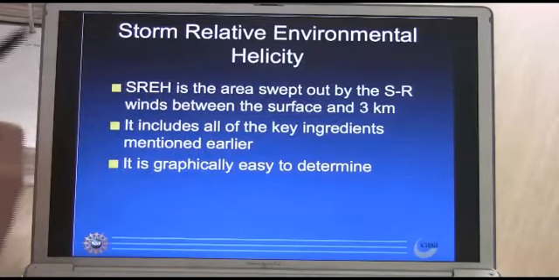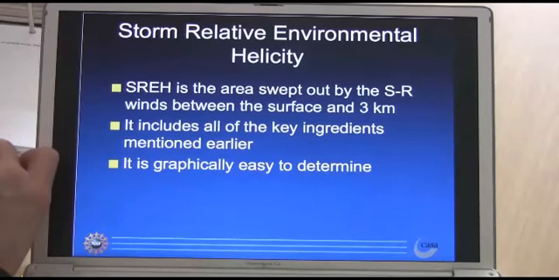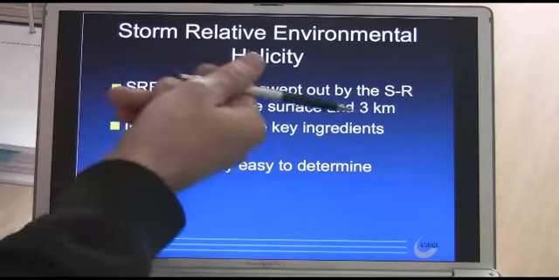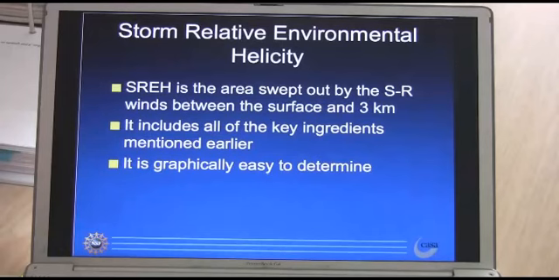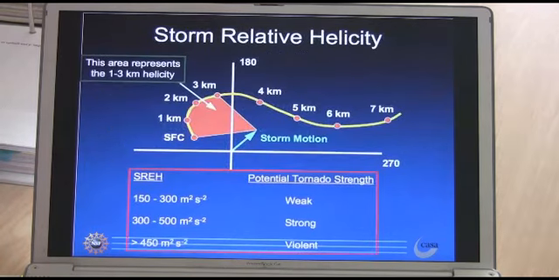Okay? It includes all the ingredients that I mentioned earlier. The alignment of the storm relative winds, okay? The strength of the storm relative winds being roughly 10 meters per second throughout the depth of whatever we're calculating here, for example, 0 to 3 kilometers. And also a significant turning of the wind shear vector with height. So it includes all three of those ingredients in one simple quantity.